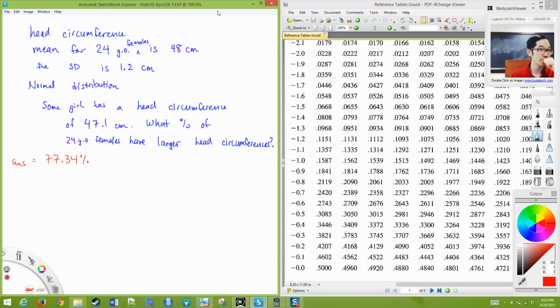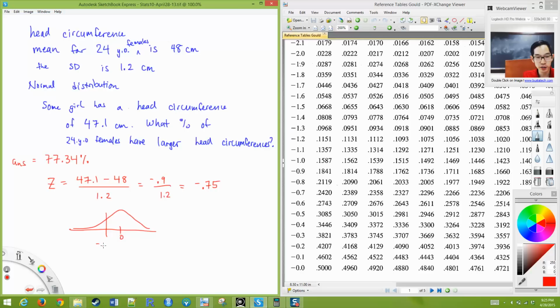So what I want, okay, this is what we want is the area over here. So I'm going to do 1 minus 0.2266 and I get 0.7734. Is that okay? Good.